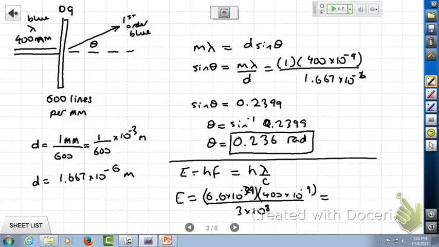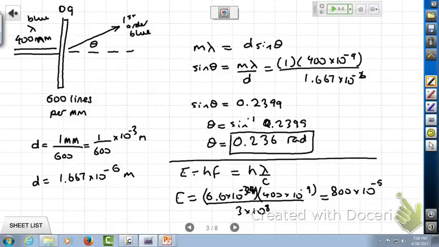Can anybody get a decent number for this? It's going to be minus 50 something.